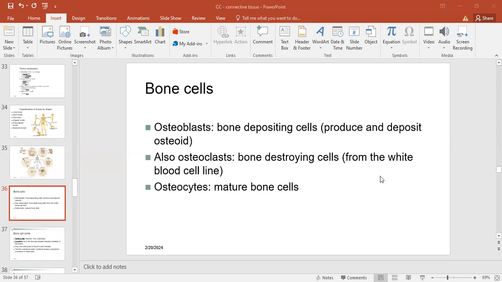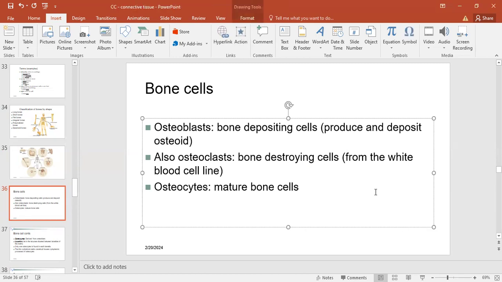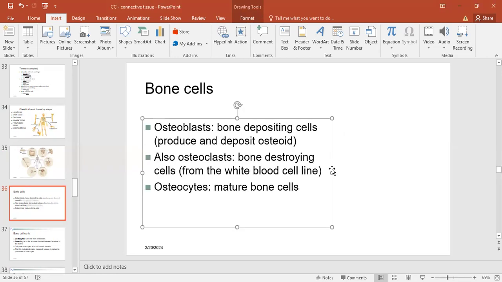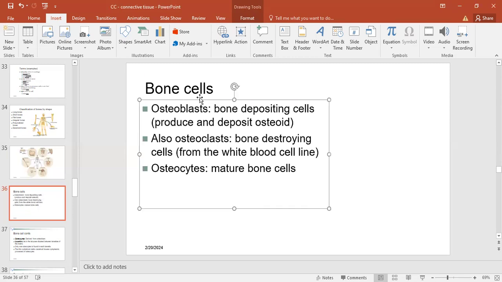So we are saying we have these cells known as osteoblasts. The osteoblasts are specialized in producing the extracellular matrix of bone, which is known as osteoid. Then we have osteoclasts.